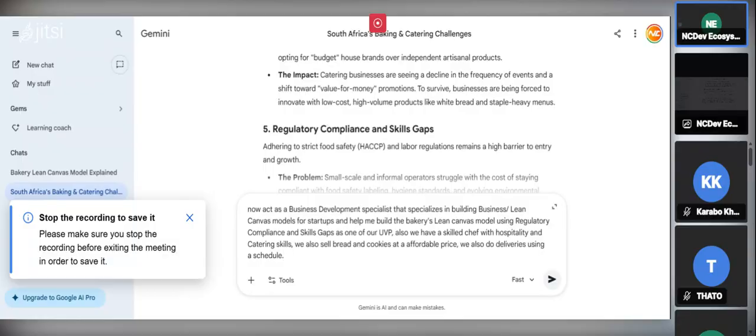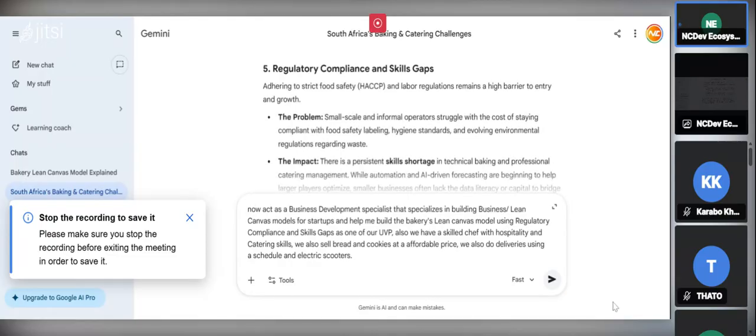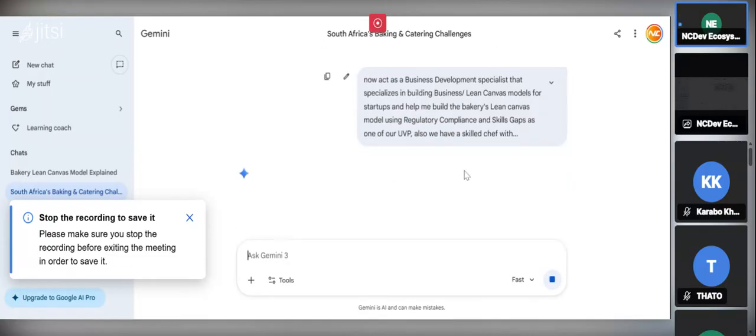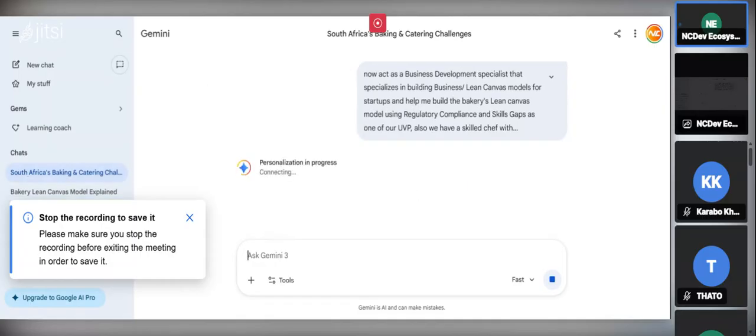And deliveries using a schedule and electric vehicles, electric scooters, so that can be, yeah, I think let's use it like that.